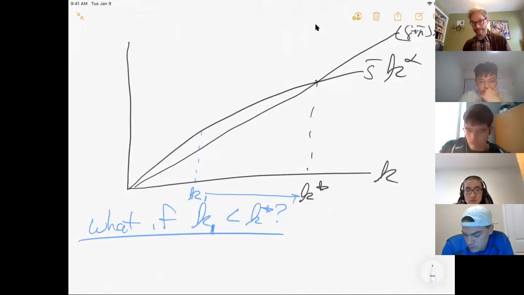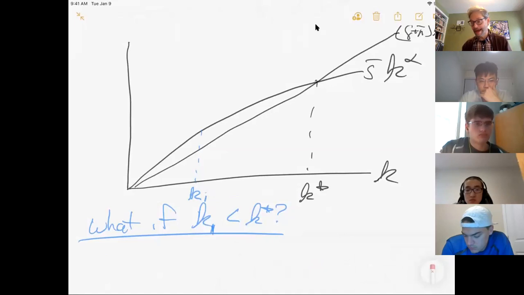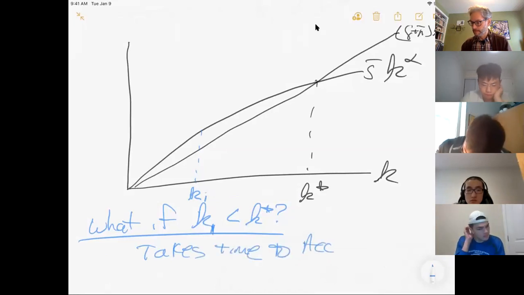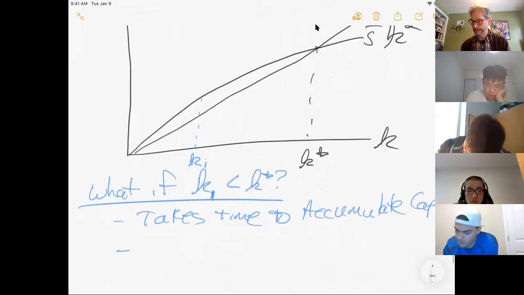People have to eat. And so the thing is, you can't really just jump to the new steady state because it's going to have to take time for you to accumulate that capital.